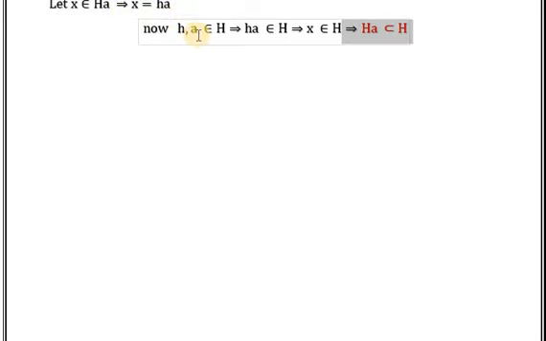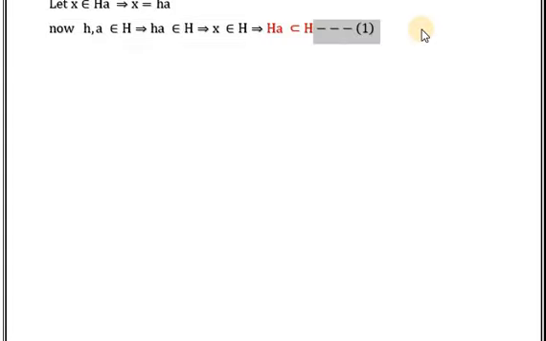Now H comma A are also elements of H, implies HA belongs to H. This again implies X belongs to H, because HA is equal to X. X belongs to H implies HA is a subset of H.